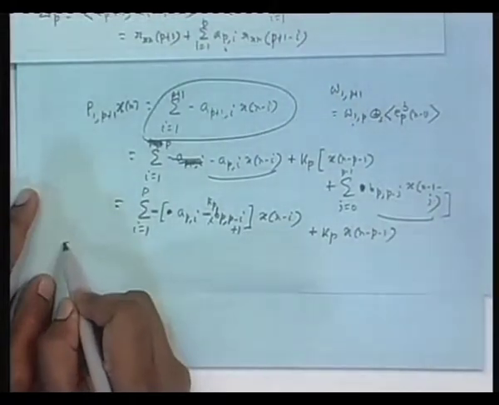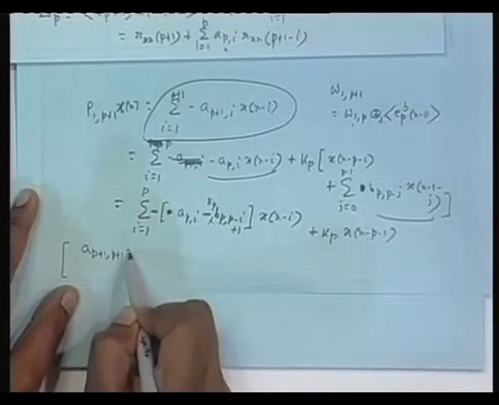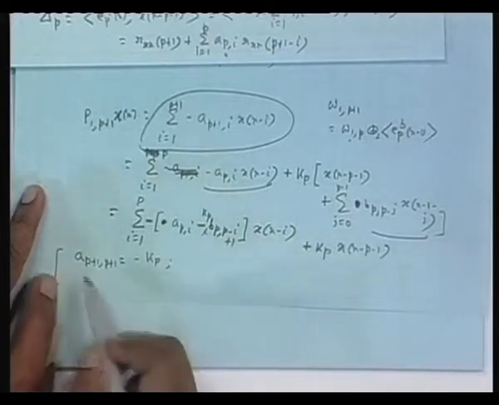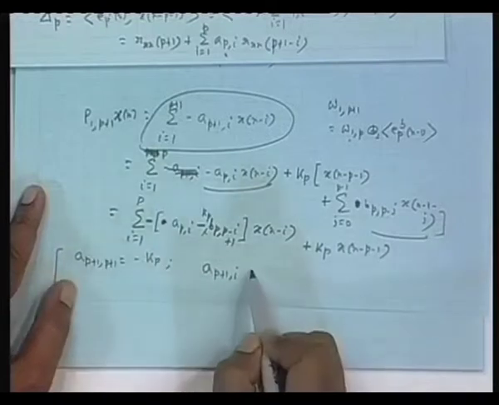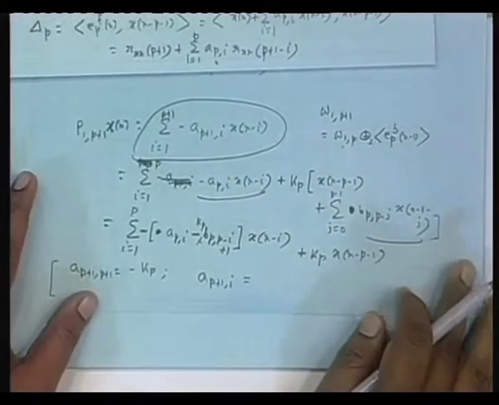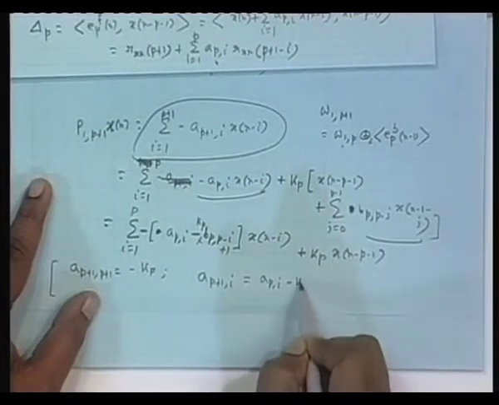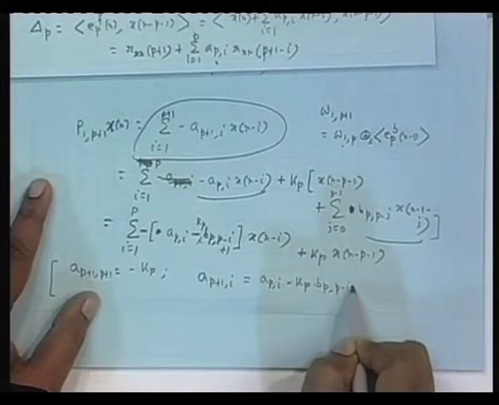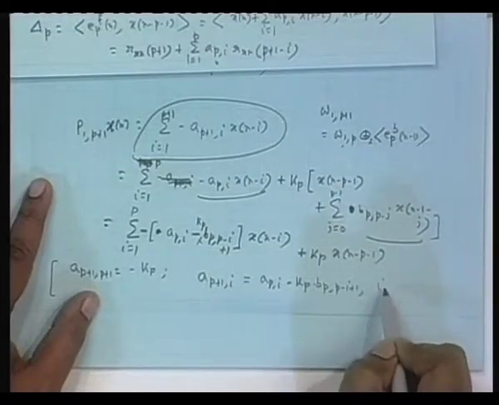So, obviously, you can write down the coefficients, that is a p plus 1 comma p plus 1 minus k p, and a p plus 1 comma I is this for I starting at 1.